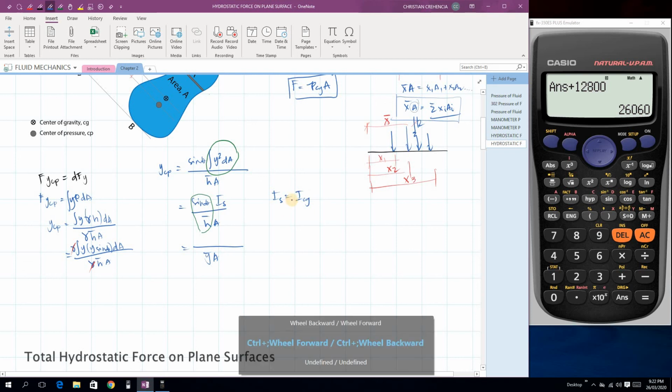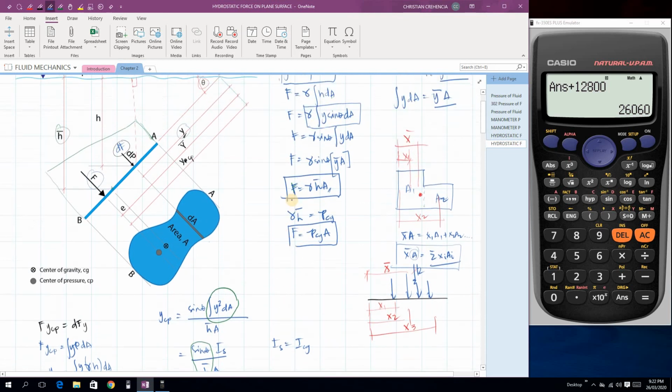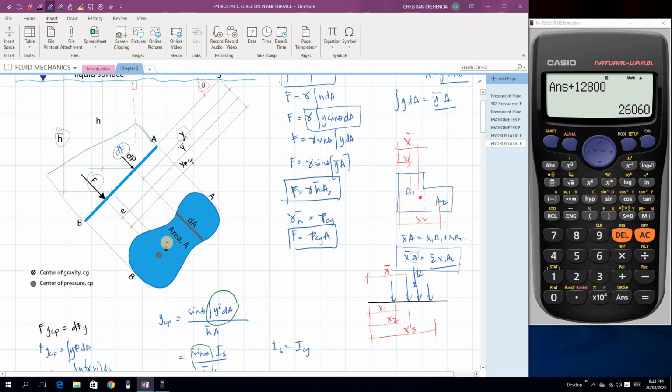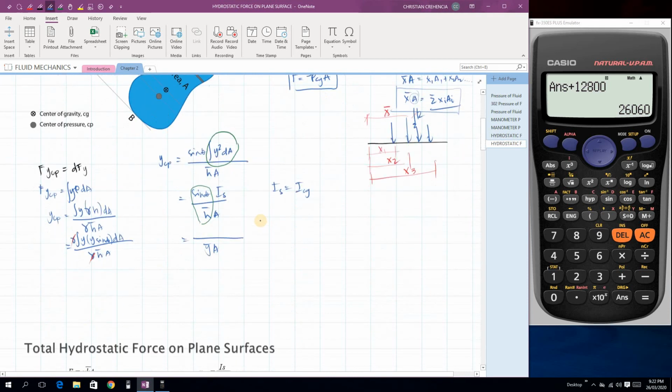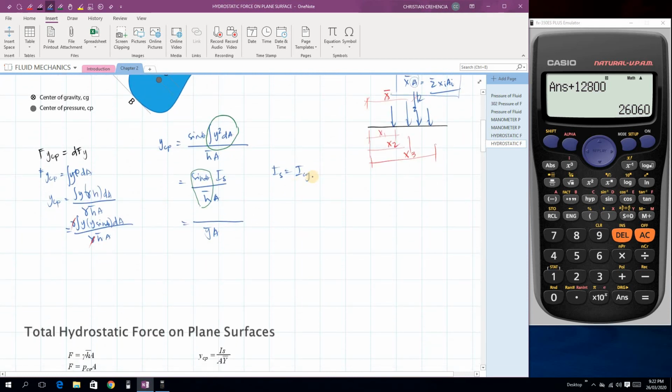Okay. So the moment of inertia about the centroid is transferred to the liquid surface. To do that, we just add the area times the distance squared. Okay? So it's like y squared dA still.